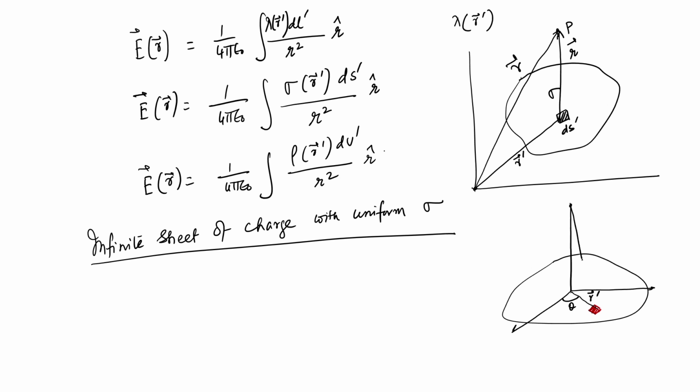So, this is the point that you want to calculate. So, you have this as the y axis and this is the x axis. So, this point has some coordinate which is given by x and y, and this is your z axis.